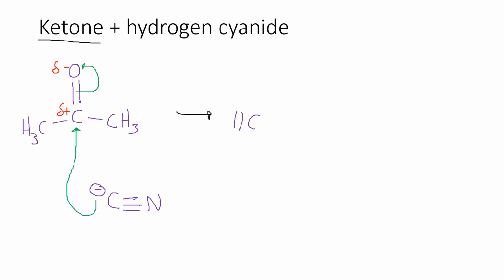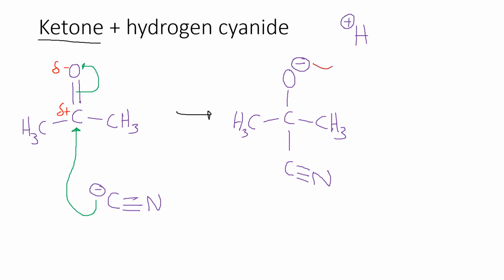Draw out the consequential intermediate. And then along comes our H plus ion, same as before, and the O minus is attracted to the H plus.